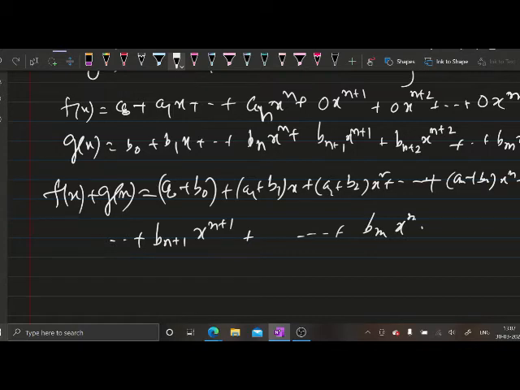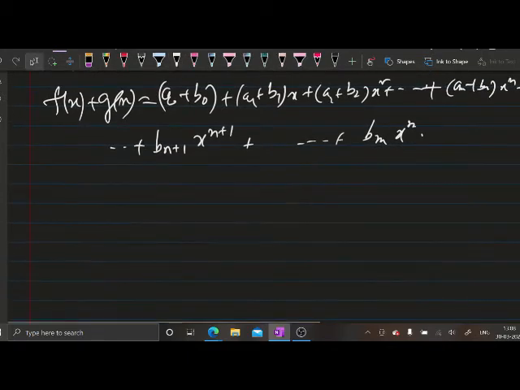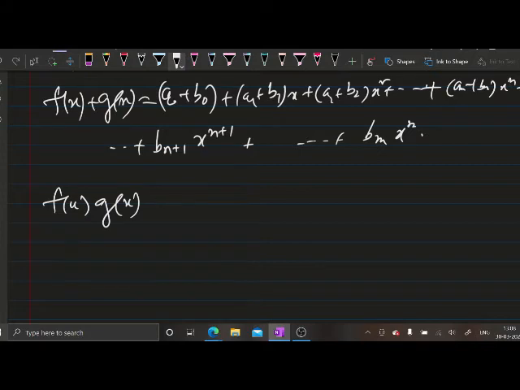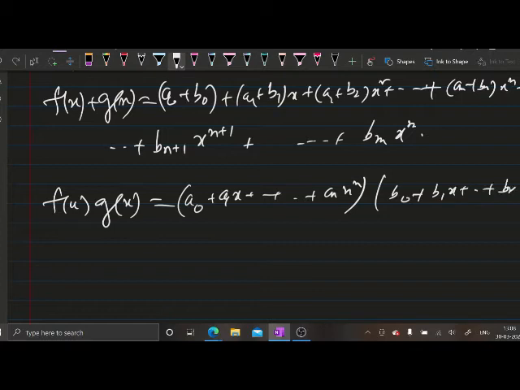And if you want to define multiplication, then it is very easy. Just multiply the two expressions term wise. That is, suppose you take f(x) and another one is g(x), that has been considered above. Suppose this is your a0 plus a1x up to an x to the power n, and another one is b0 plus b1x up to bm x to the power m.